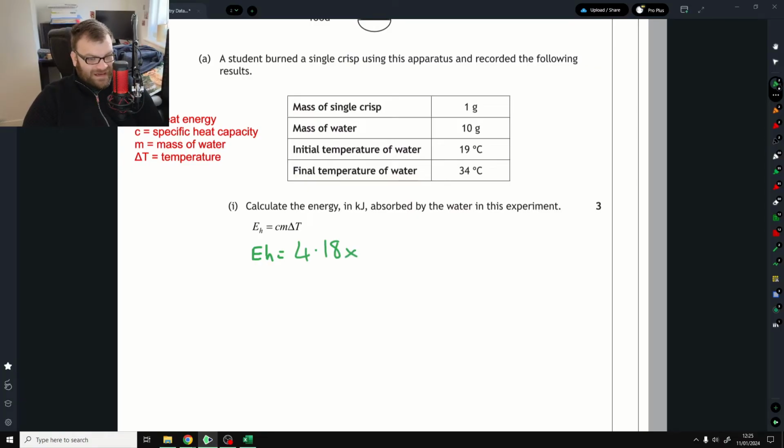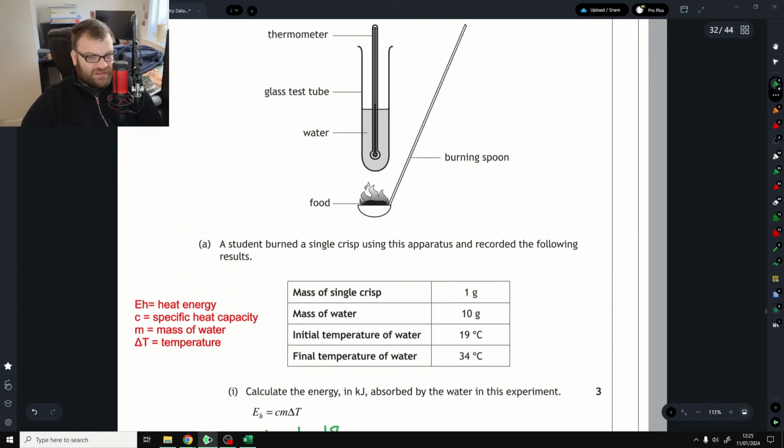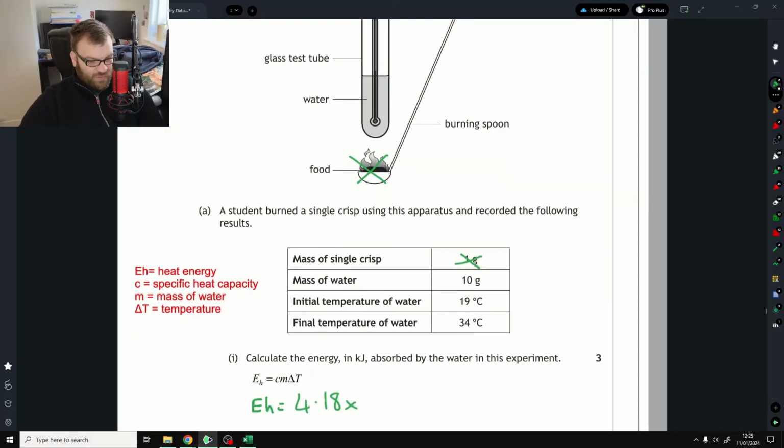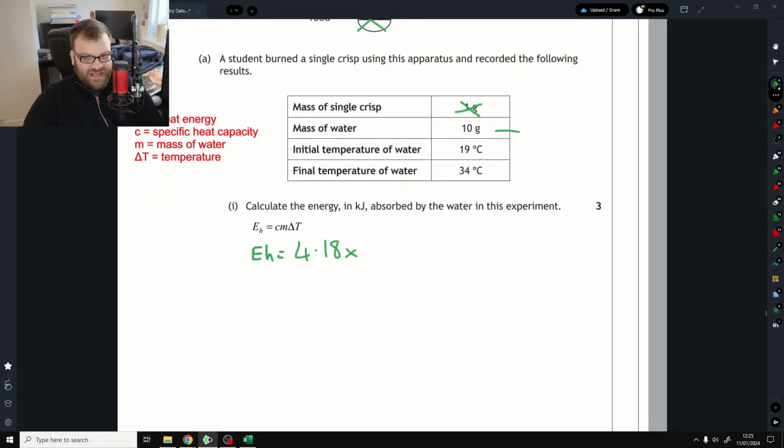Next up, the mass is the mass of the water being heated, not the mass of the food or the fuel. There's 10 grams of water. We need to put it into kilograms by dividing by 1,000. That's how our calculation works. That will be 0.01 times the change in temperature.